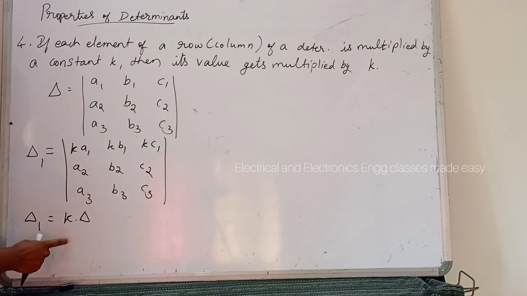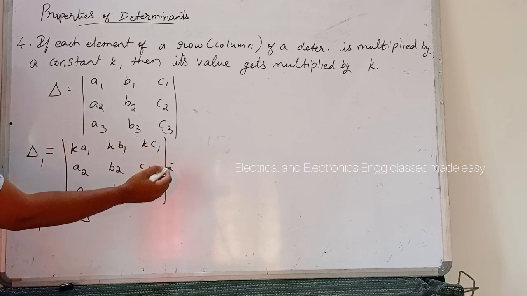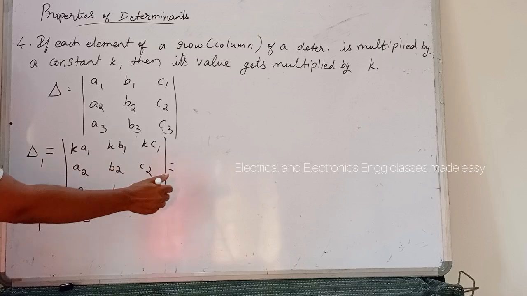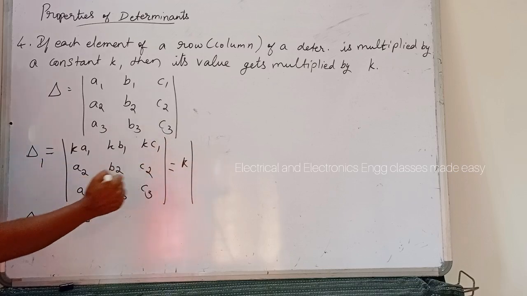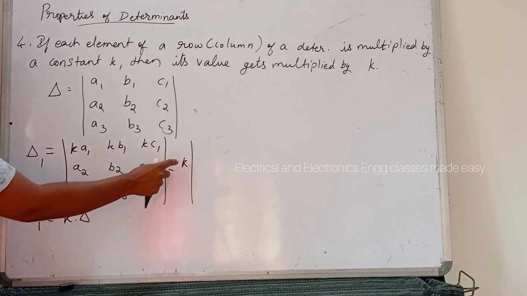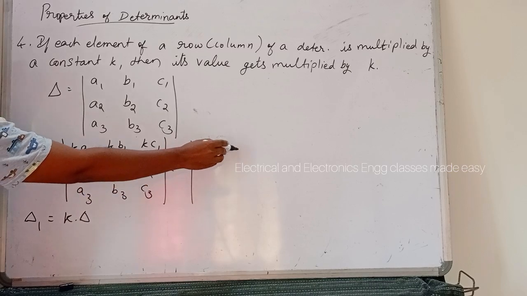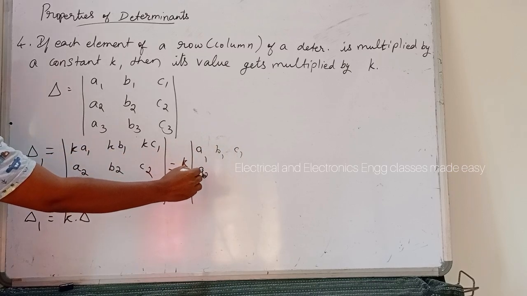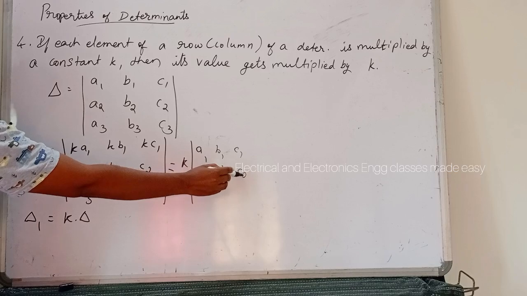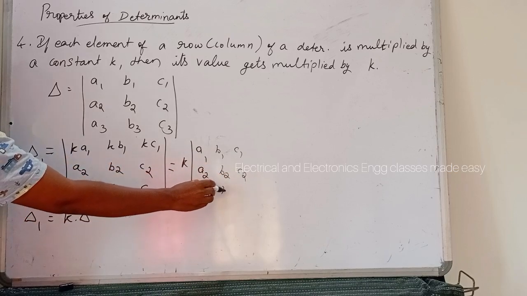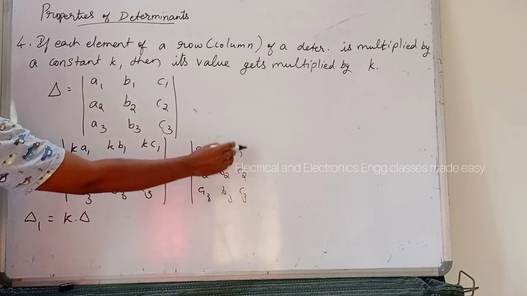So delta 1 will be equal to k into delta, because from here we can take this k outside, that is k into the determinant A1 B1 C1, A2 B2 C2, A3 B3 C3.